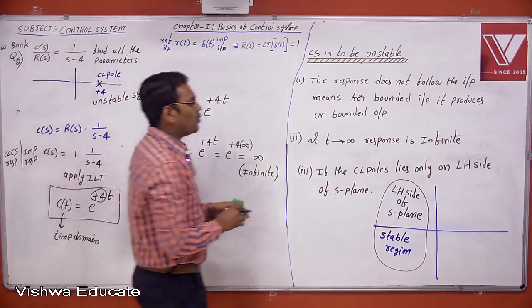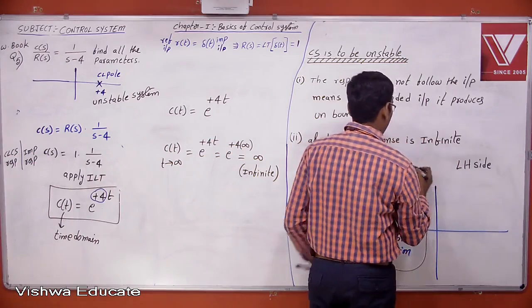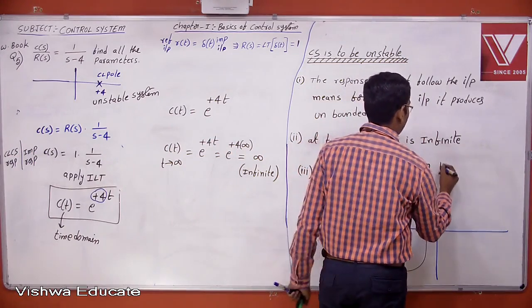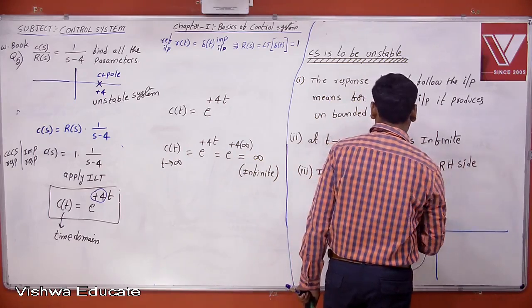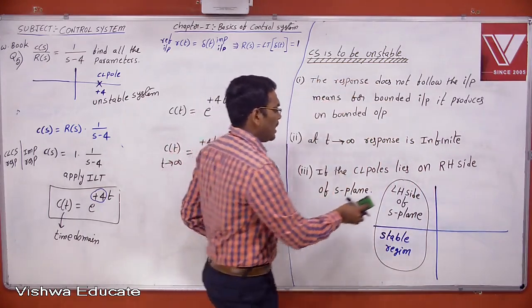Therefore, if the closed loop pole lies on the right hand side of the S plane, then the closed loop control system is unstable.